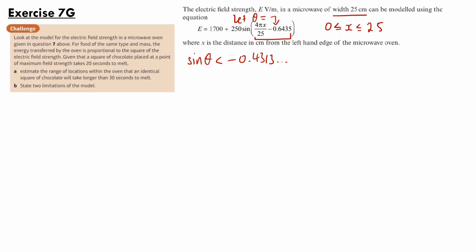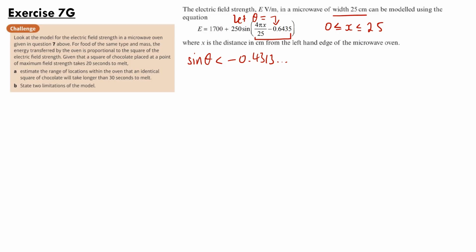Now, theta is 4 pi x over 25 minus 0.6435. What I like to do when solving these equations is to tweak the interval so that theta is in the middle, so we can figure out where we need to be looking when solving sine of theta is less than minus 0.4313.